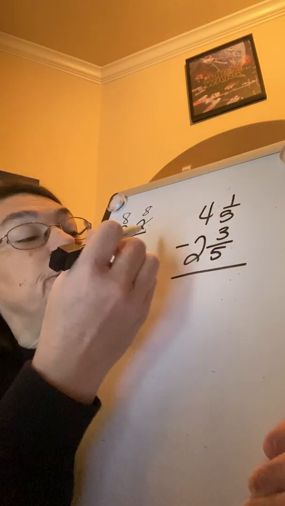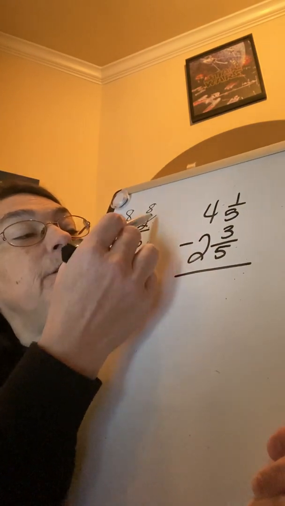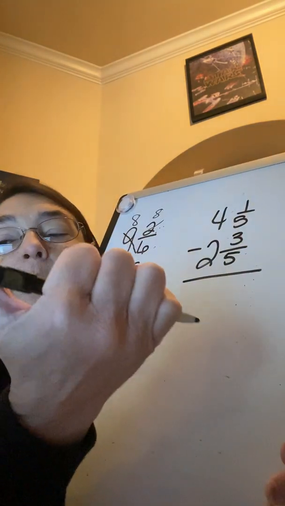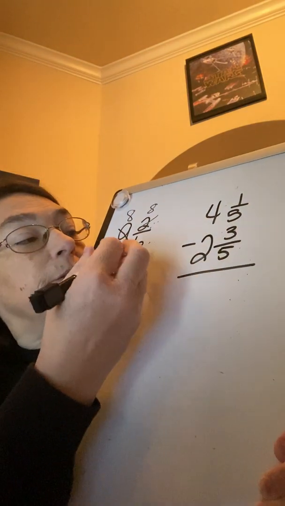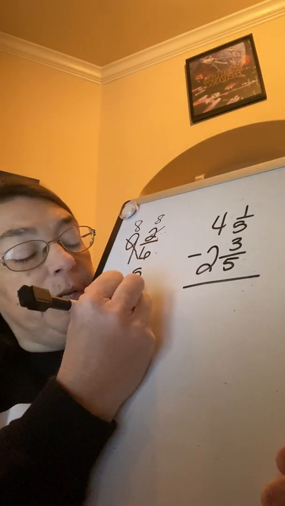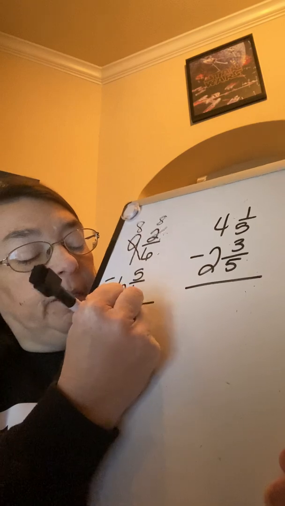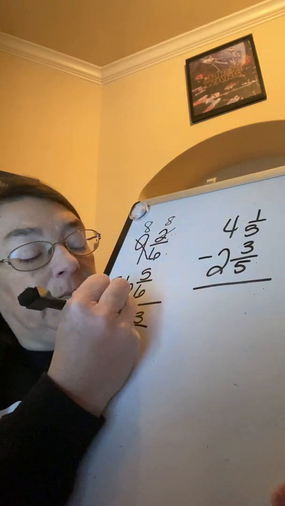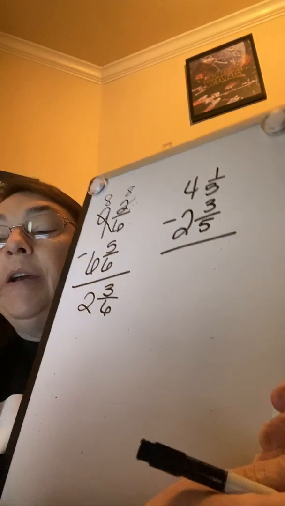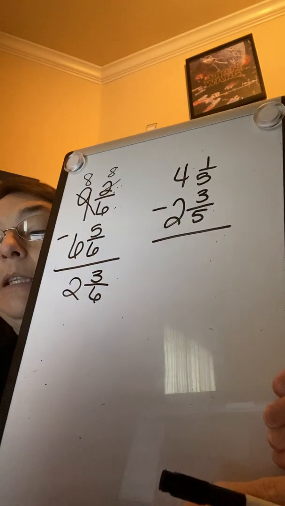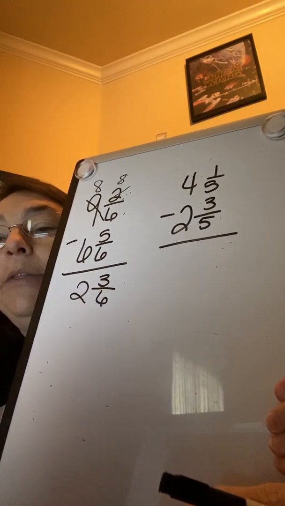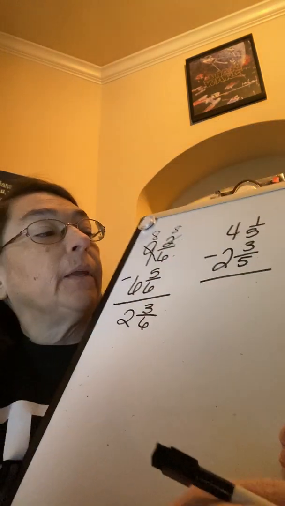Again, you add your denominator to your numerator to get your new numerator. So 8 minus 5 is 3 over 6, and 8 minus 6 is 2. So you should have gotten 2 and 3/6. 2 and 3/6. All right.